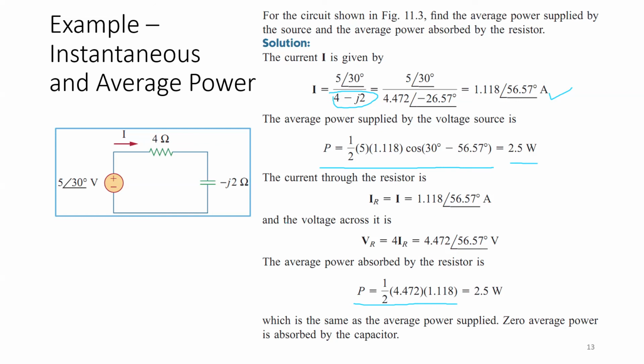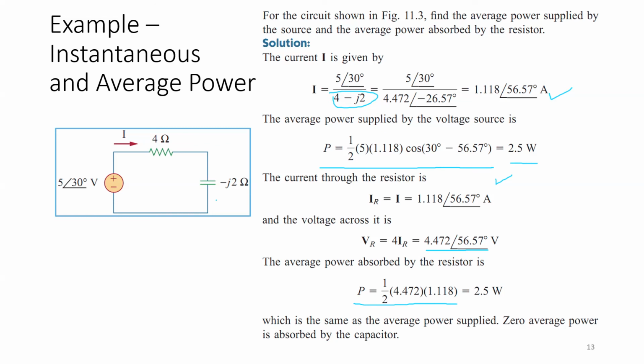So 4 is the value of resistance, IR is this value, so we get this voltage. Now that we have already the current and voltage values, we can just put and find the average power absorbed.